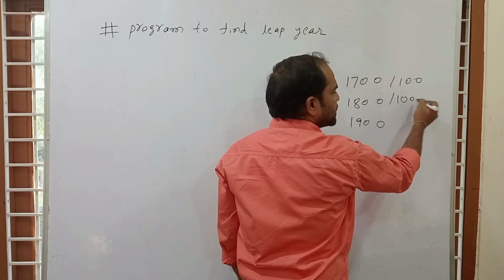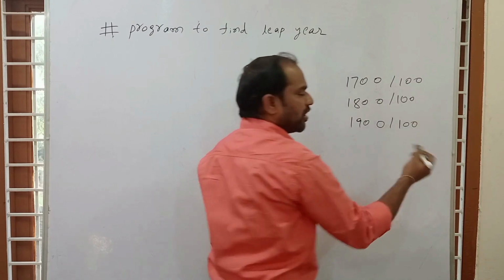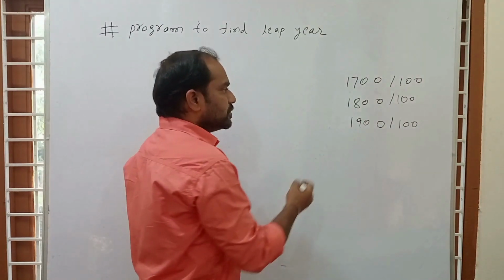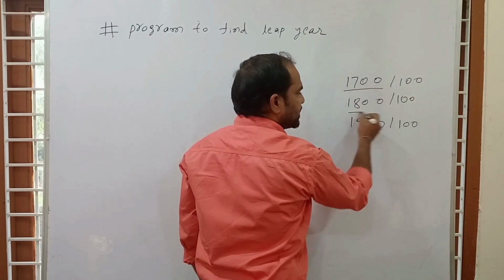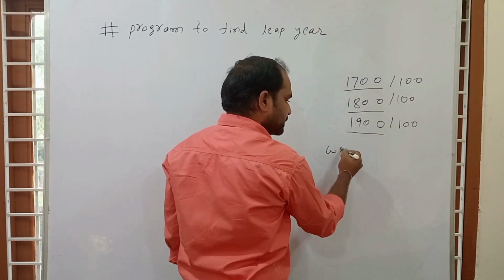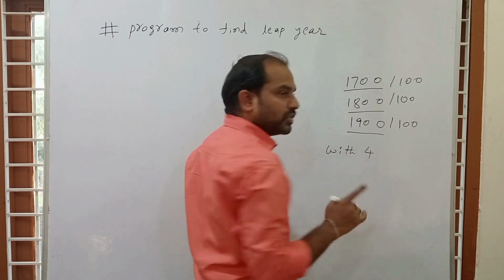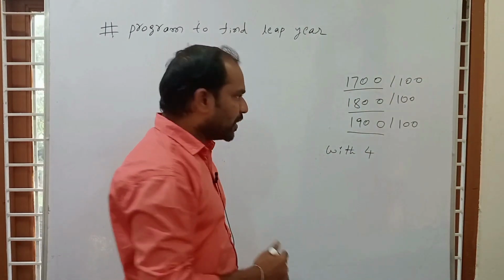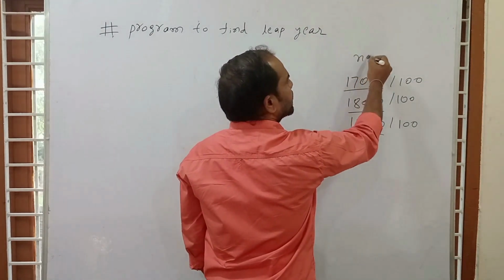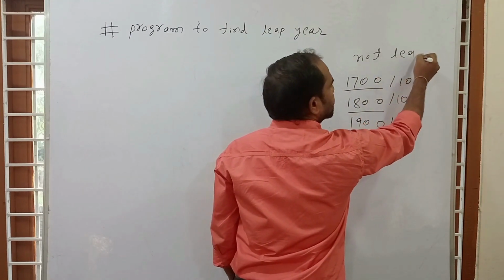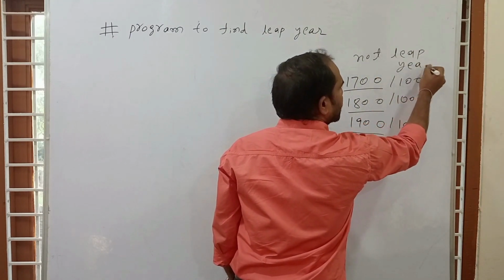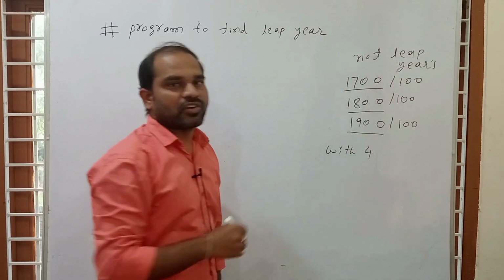The years which are divisible by 100 are called century years. If you divide these century years by 4, you will get the remainder as 0. But these years are not leap years.